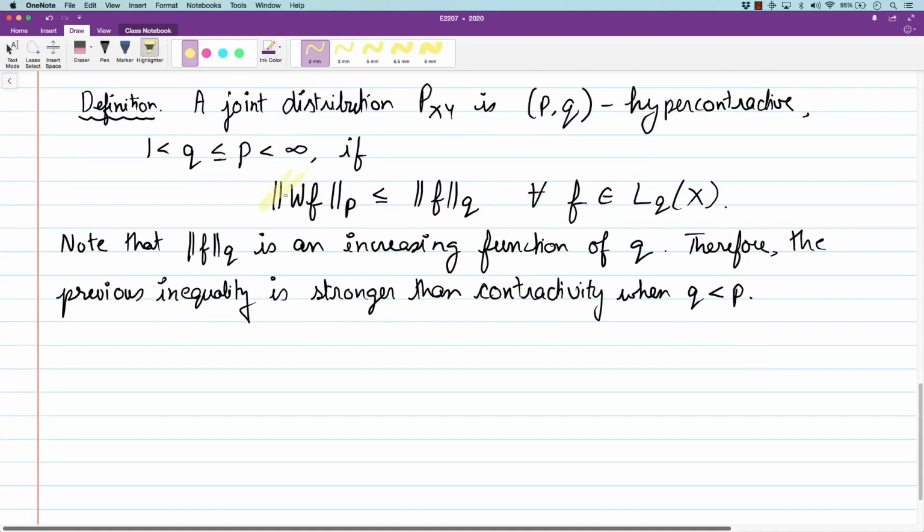So this is the inequality that we want to prove. And note that if this inequality holds for a Q, it holds for all Q prime greater than that Q because of this monotonicity. It is non-decreasing, not necessarily increasing.